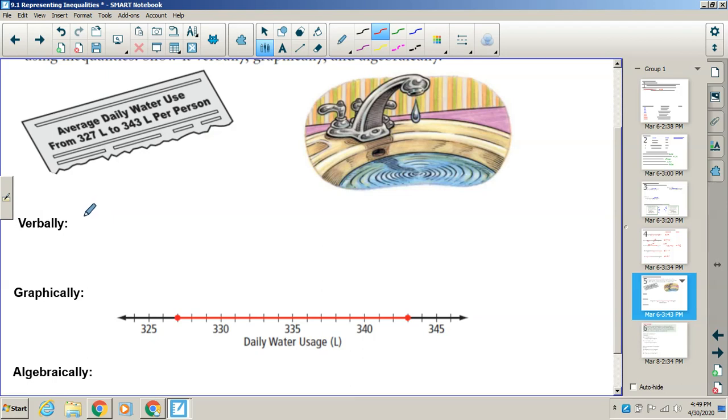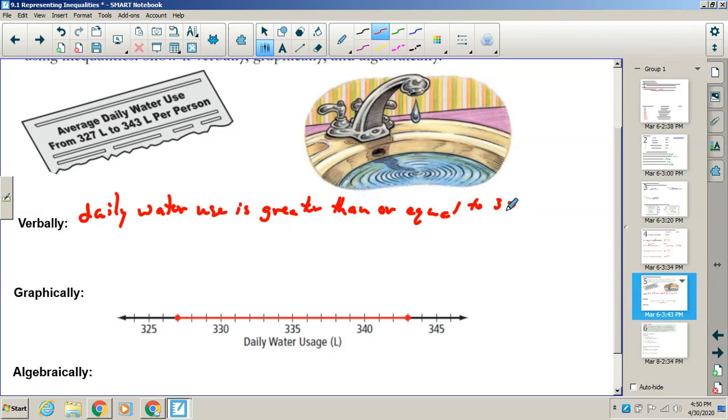So daily water use is greater than or equal to 327 liters.